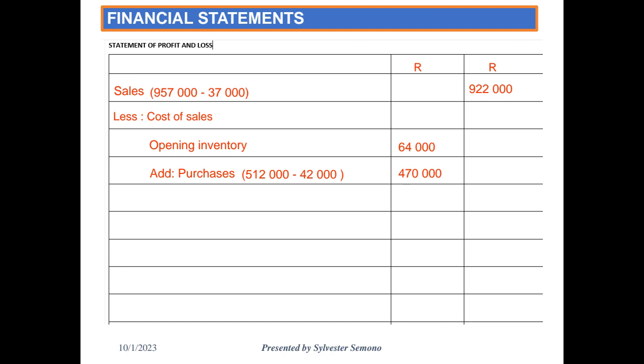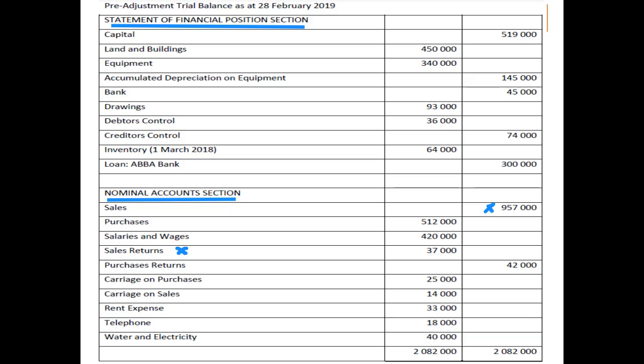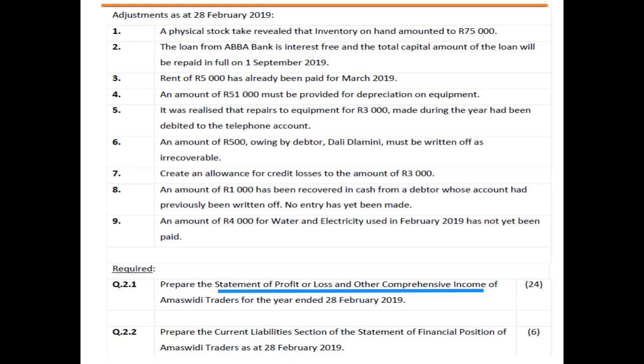Now we must go and check any closing inventory. Do you have closing inventory here? We don't. This is the opening inventory, remember? Usually the closing inventory is found on the adjustments. I can still give it to you here, but if you don't find it there, don't say you don't have it. You must come to the adjustments.